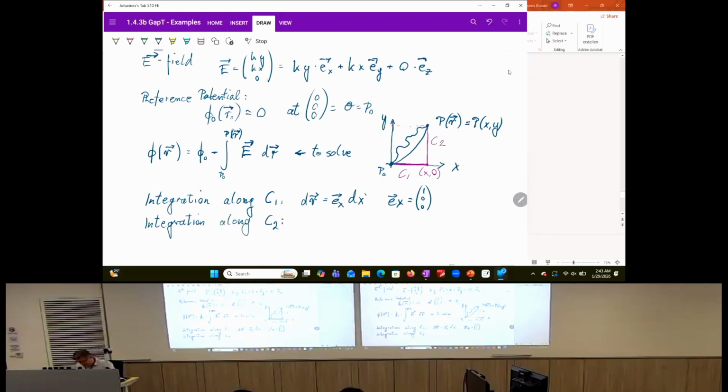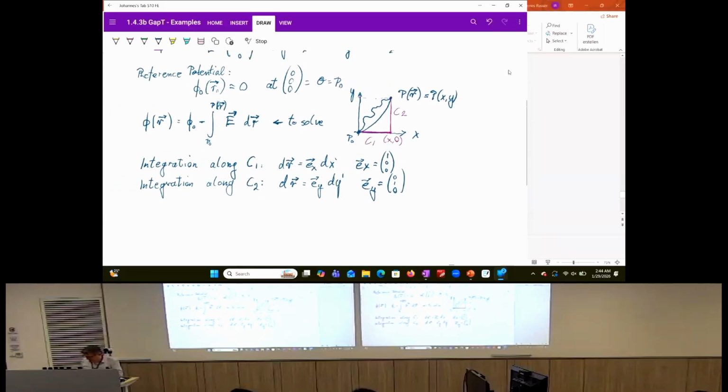And here we only integrate along Ey. That shall be our element. So Ey is then, of course, the unit vector.